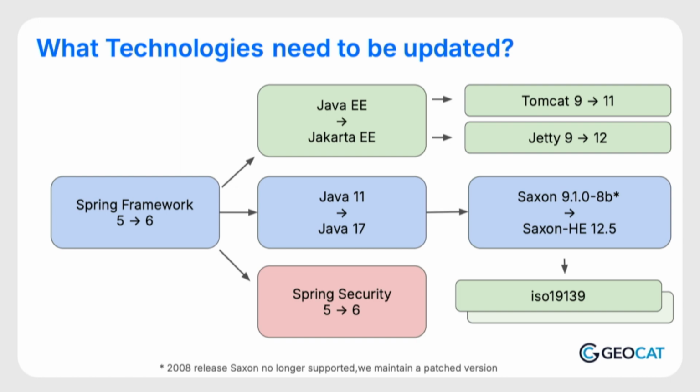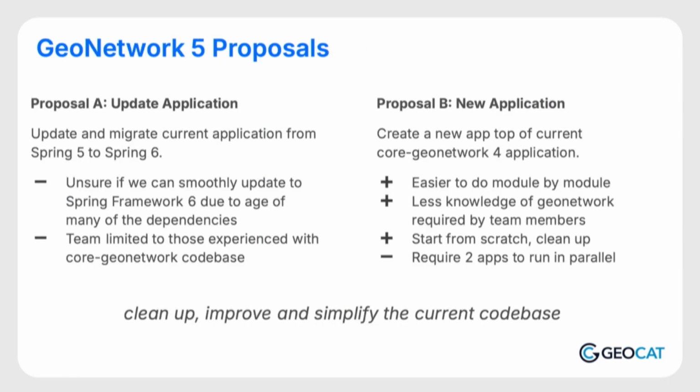We've got to change Java from 11 to 17, and importantly, that means we need to update our XML engine from Saxon 9, which was released in 2008, to the latest one. And that means we need to road test all of the schema plugins that have ever been developed for GeoNetwork. So this makes a cascade of technologies that need to be updated.